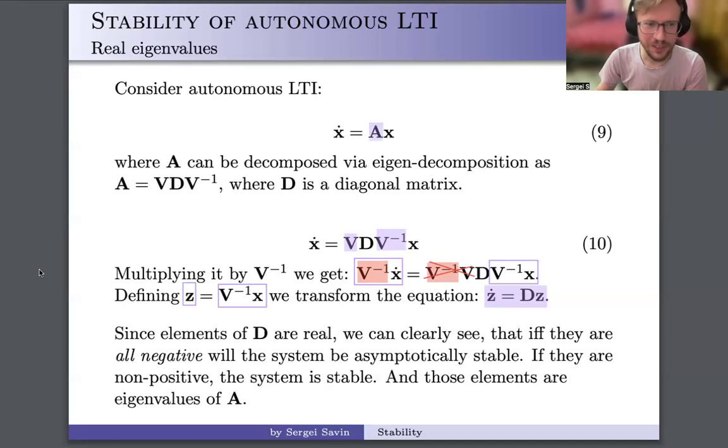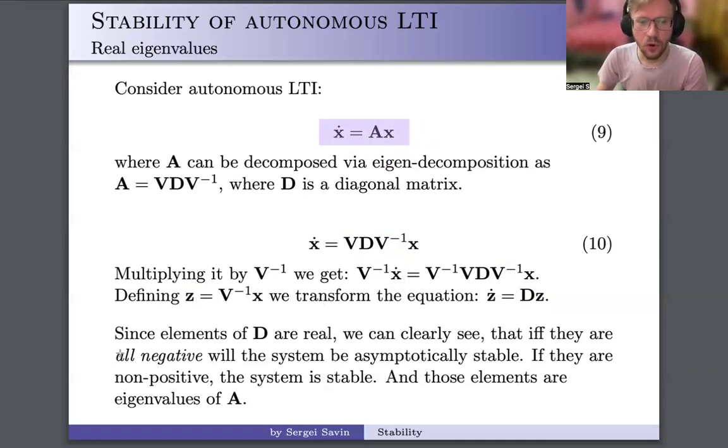So let me repeat what I said previously. This equation will be asymptotically stable if all eigenvalues are strictly negative. It will be marginally stable if they are non-positive. If at least one of them is positive, it is unstable.